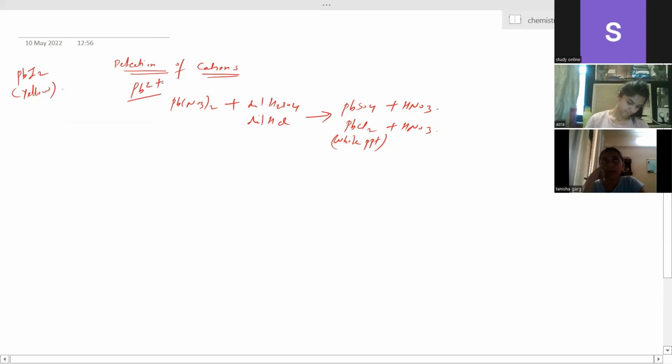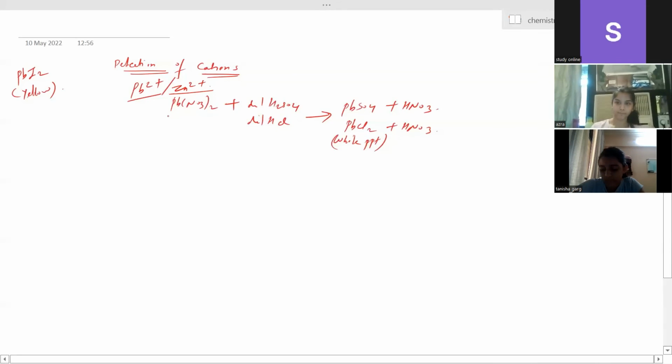See, I think lead and zinc both give a white precipitate. Okay, final one.